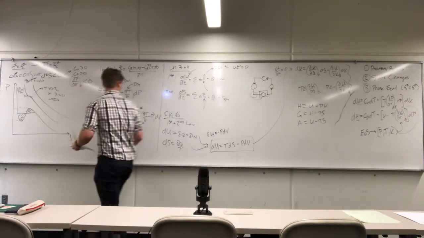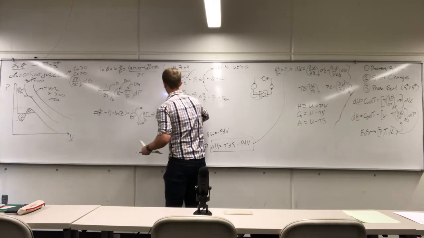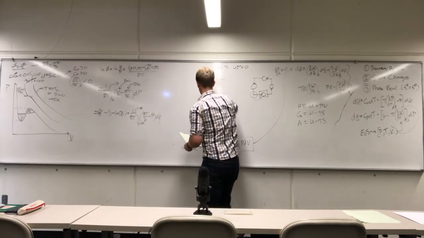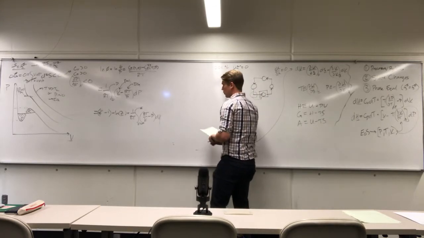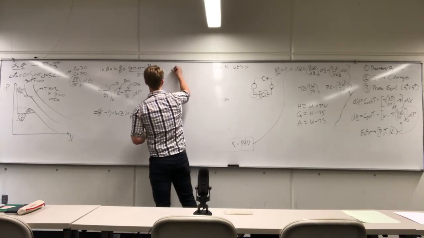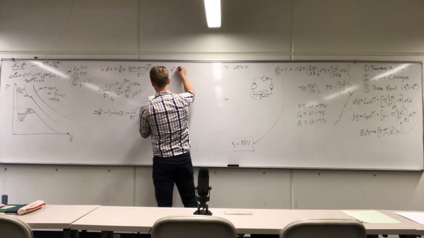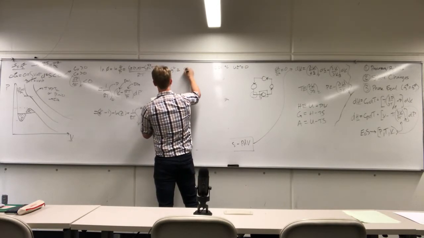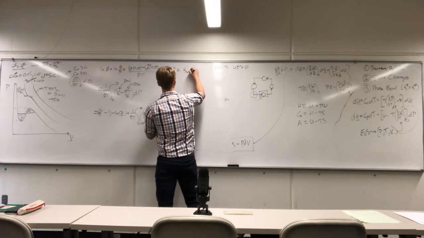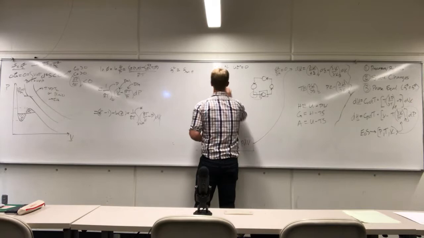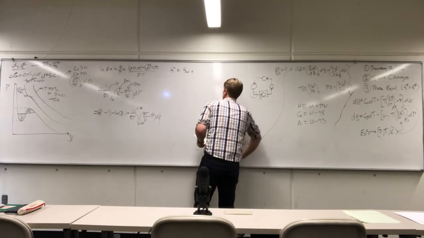Now I'll just go over this really quickly because we're running low on time. I wanted to get through all the major topics. For the fugacity of a liquid, our best approximation is going to be equal to the fugacity of the saturated fluid multiplied by the Poynting correction.